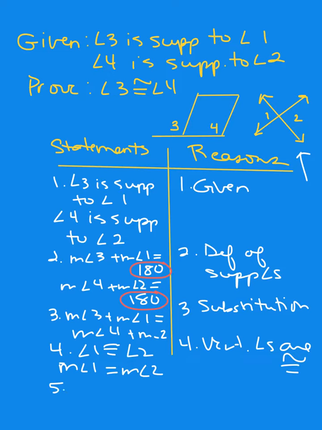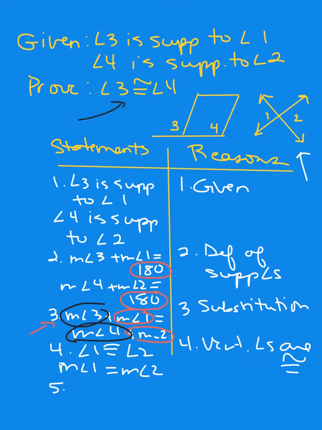Now my last step, I know that I'm going to subtract. If you notice, in step 3, I have the measure of angle 1 on the left hand side, and I have the measure of angle 2 on the right hand side, and what I'm left with when I subtract them is that 3 and 4 are equal, which is what I want in my "trying to prove" statement at the top.